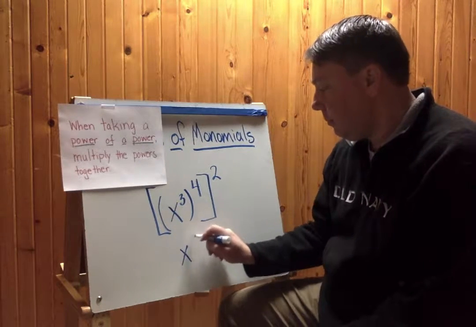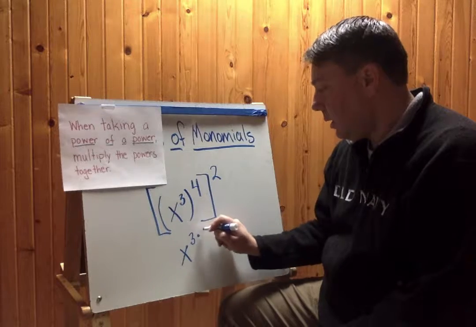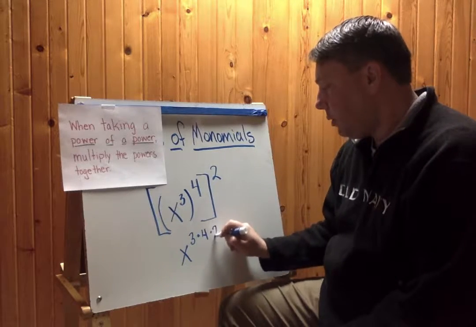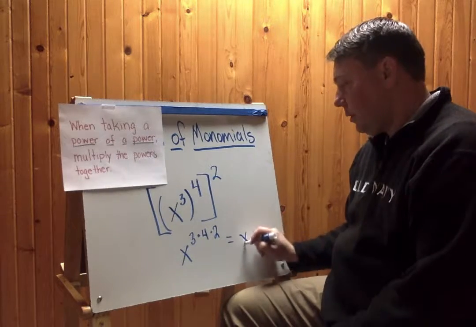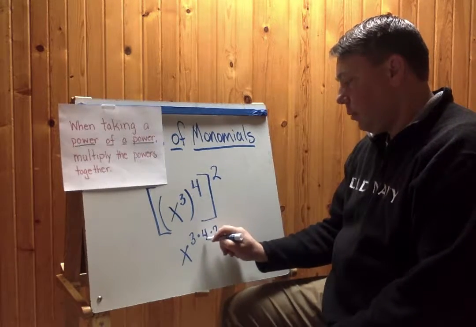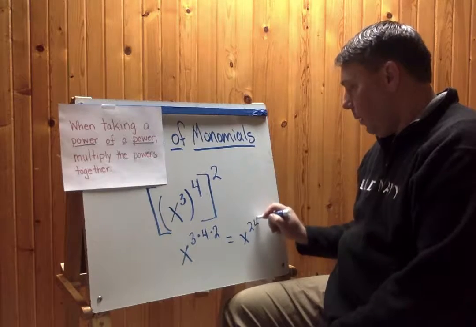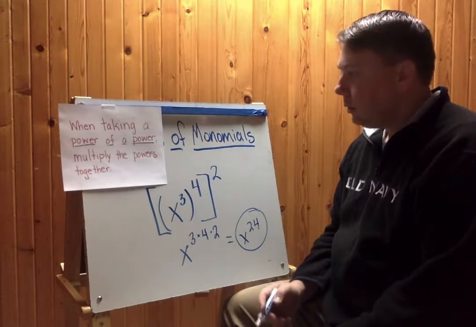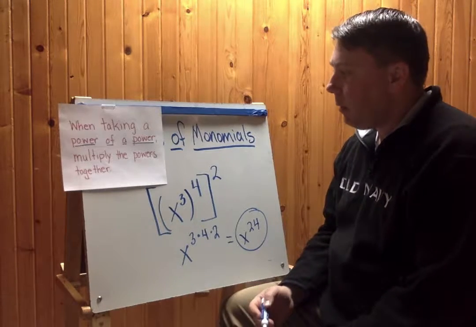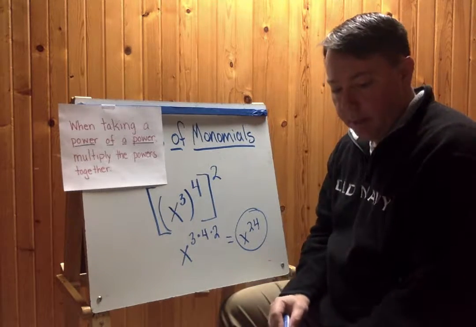It stays the same. You're going to take 3 times 4 times 2, and so the final answer here is x to the 3 times 4 is 12, times 2 is 24. x to the 24th. All right, so that's the first rule. When taking a power of a power, multiply the powers together.